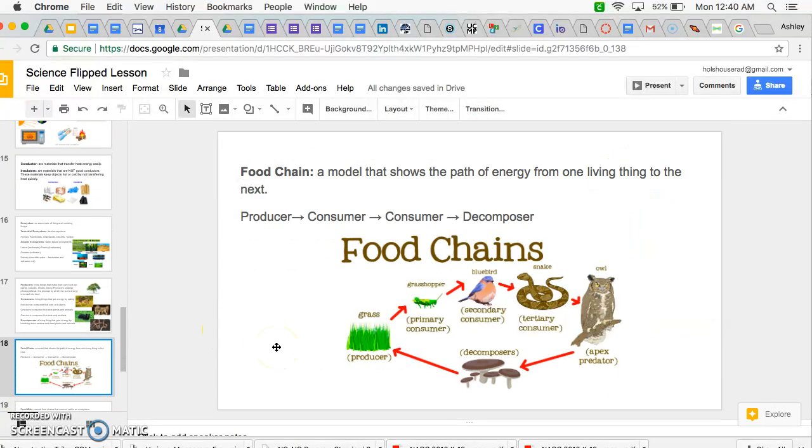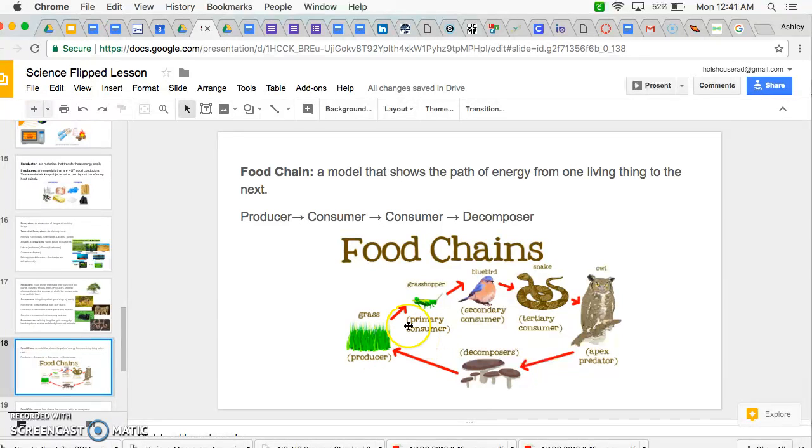A food chain is a model that shows the path of energy from one living thing to the next. Remember, when we talk about energy, it's like what eats what within this ecosystem. So you go from your producers to your consumers and decomposers. You're layered by what eats what. In this example, we have our grass, and it's our producer. Then what eats the grass, for example this grasshopper, is a primary consumer.